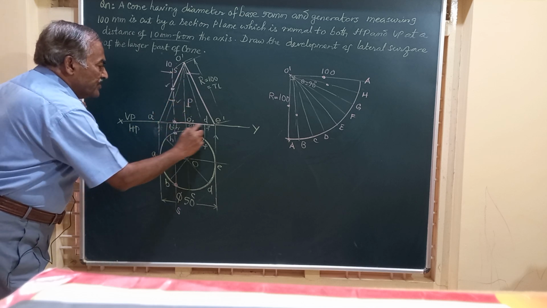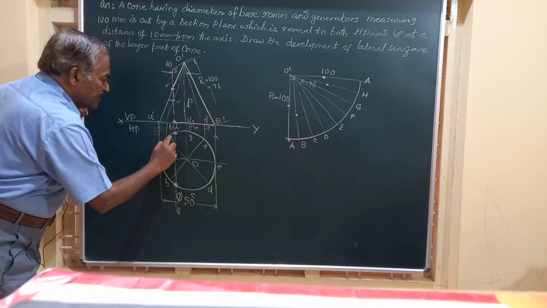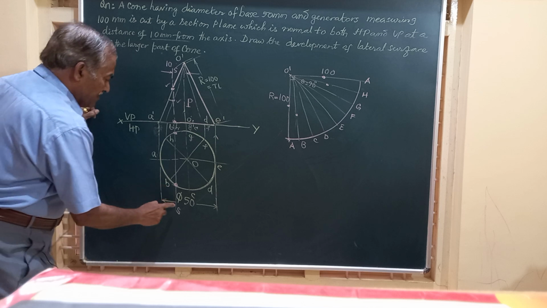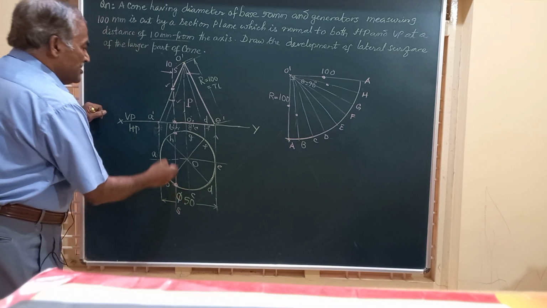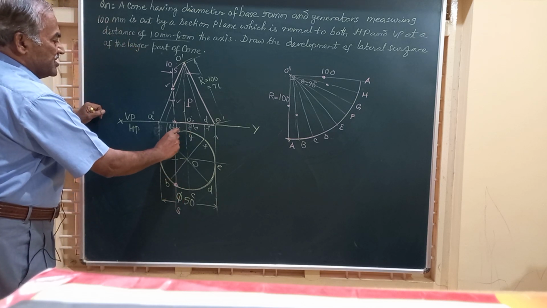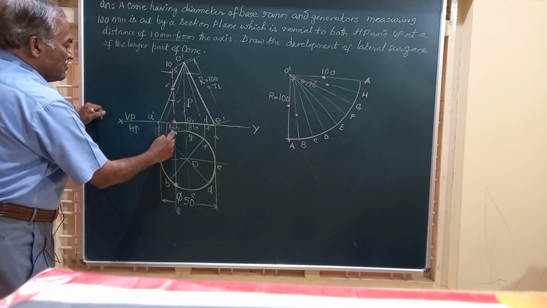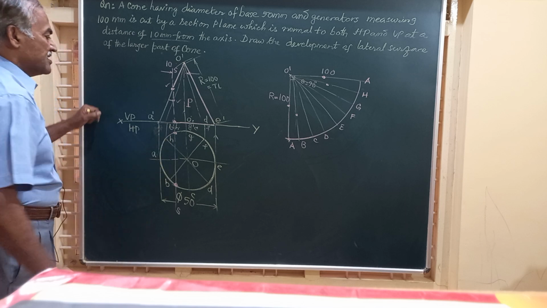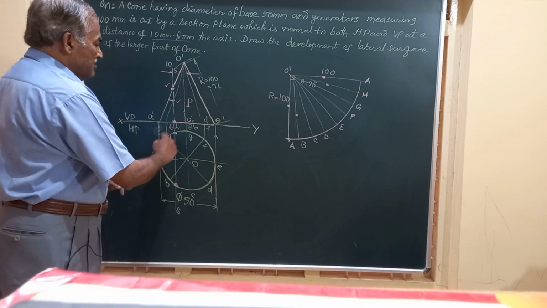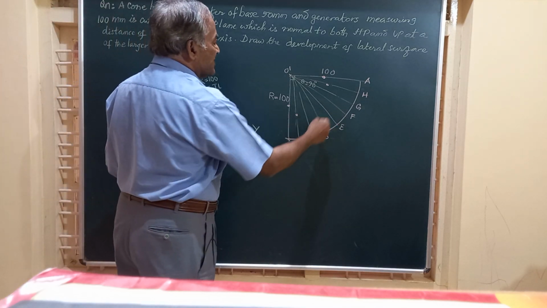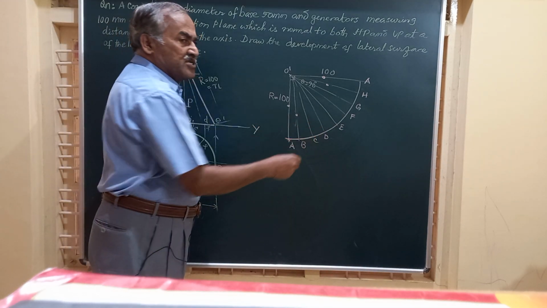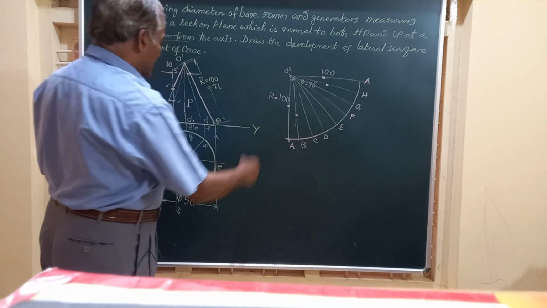Finally, let us come to the base. The base is cut here on GH and also on BC, almost at equal distance. That is, the distance of this from here is the same. So we will mark this point on B and H, because for small values of this theta, the length is equal to the arc length.